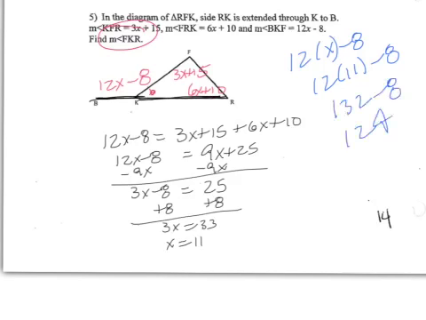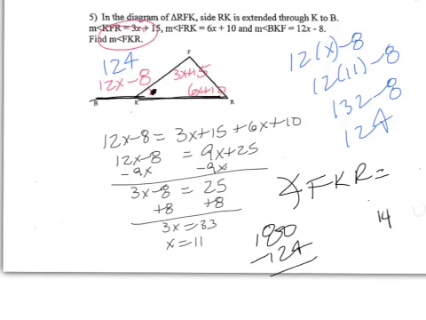I'm getting 124. So this angle is 124, but this angle, which is angle FKR, would be equal to its supplement. So its supplement would be 180 minus 124, and it would give us 56 degrees. So that's the correct answer for that one.